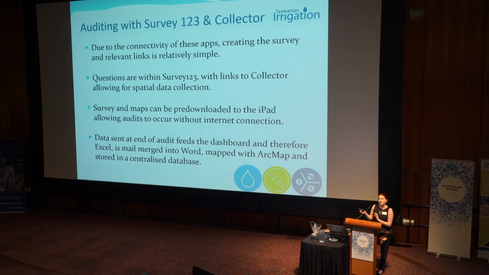But because they're both done by Esri, it was really quite easy to connect those two apps. So our questions are in Survey 123, which links through to Collector for our spatial data. And both of those can be pre-downloaded onto our iPads or iPhones before the audit, so if you're out of reception, it all still works.